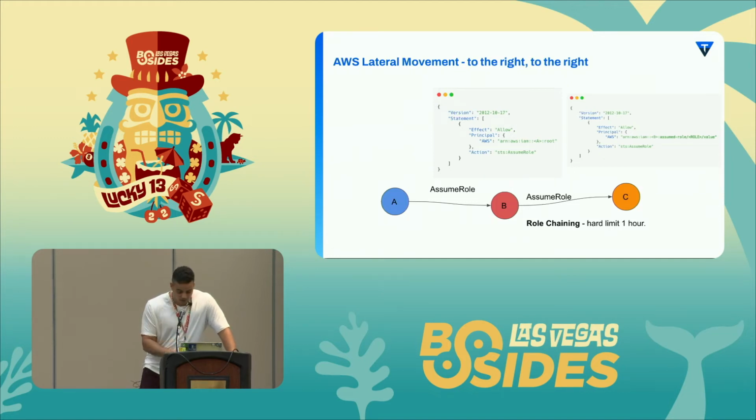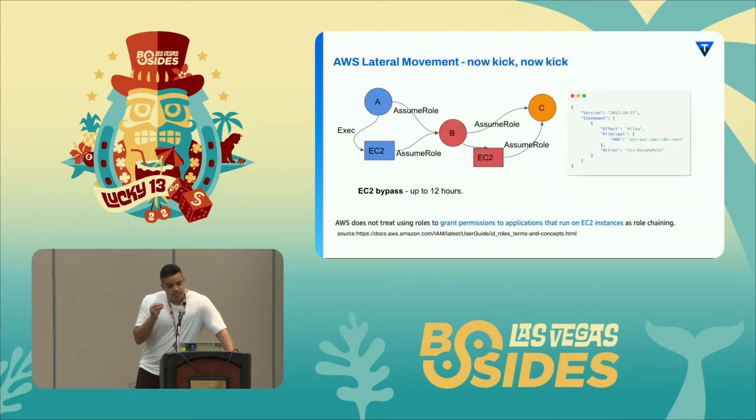And usually they are. So there's another kind of movement that I call kick, because when this policy comes from account B, the principal is an entity on account B, right?